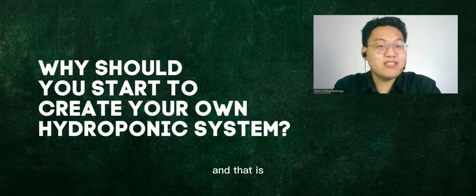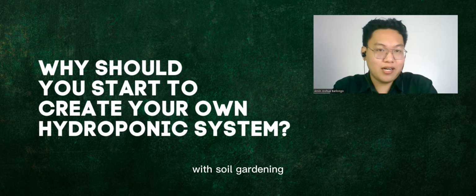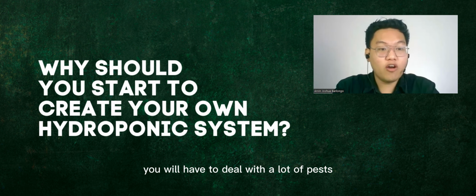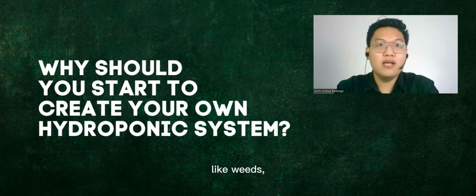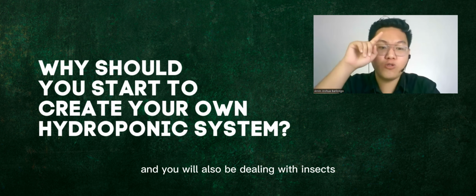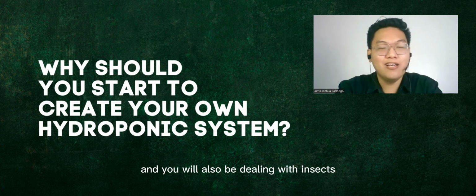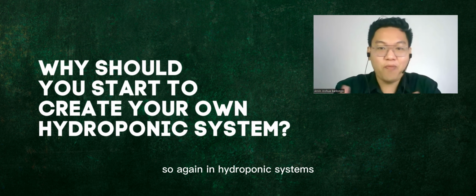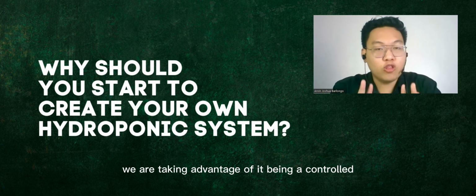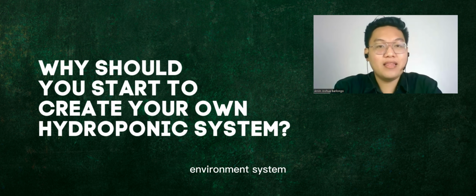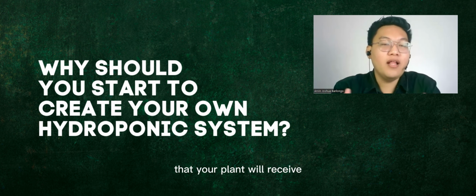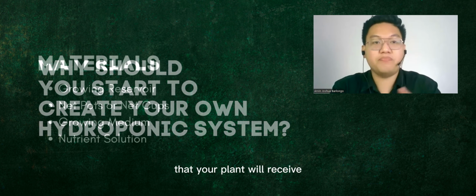That is in contrast with soil gardening, wherein you will have to deal with a lot of pests like weeds, plant pathogens, and insects. So again, in hydroponic systems, we are taking advantage of it being a controlled environment system. So you can manipulate everything that your plant will receive.